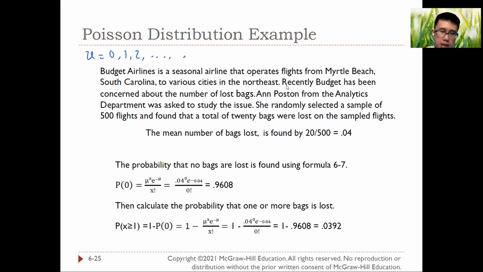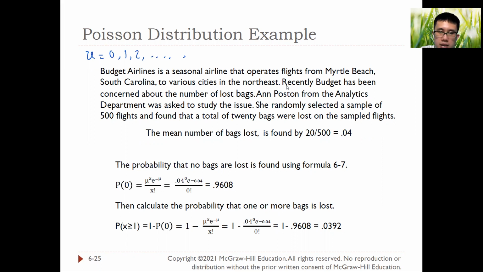Recently, this airline has been concerned about the number of lost bags, and Boston from the analytics department was asked to study this issue. To make the study, she randomly selected a sample of 500 flights, and she found that a total of 20 bags were lost in the sample flights.